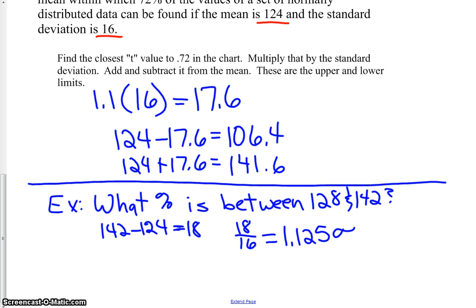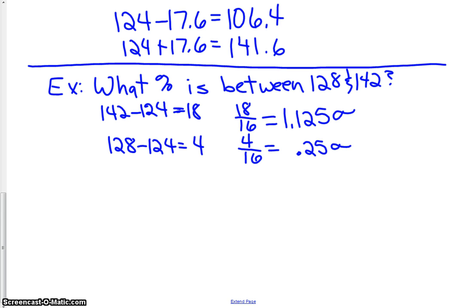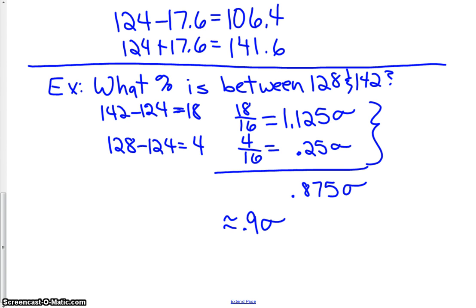The next one is 128 minus 124, and that is a difference of 4. 4 out of 16 is 0.25 standard deviations. Because these are both on the same side of the mean, I want to subtract those two values, and I end up with 0.875 standard deviations. 0.875 is not in my chart, so I'm going to look at 0.9 standard deviations away.